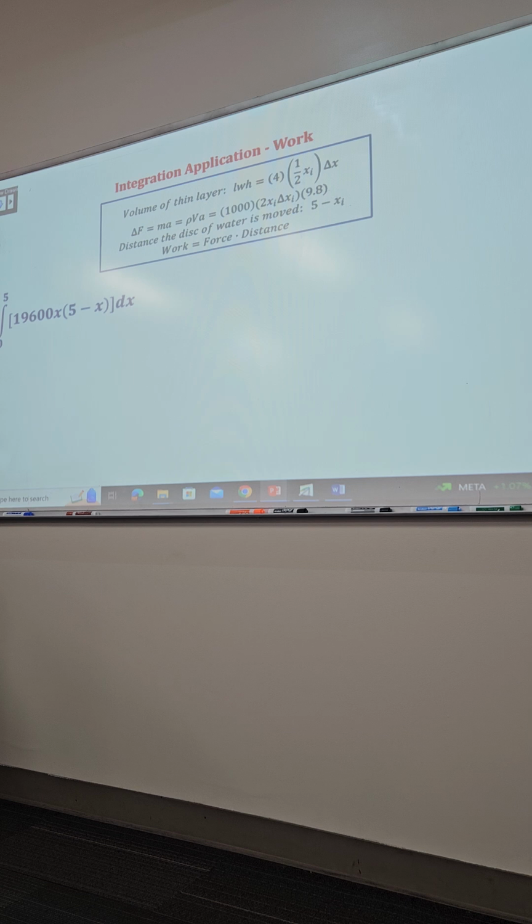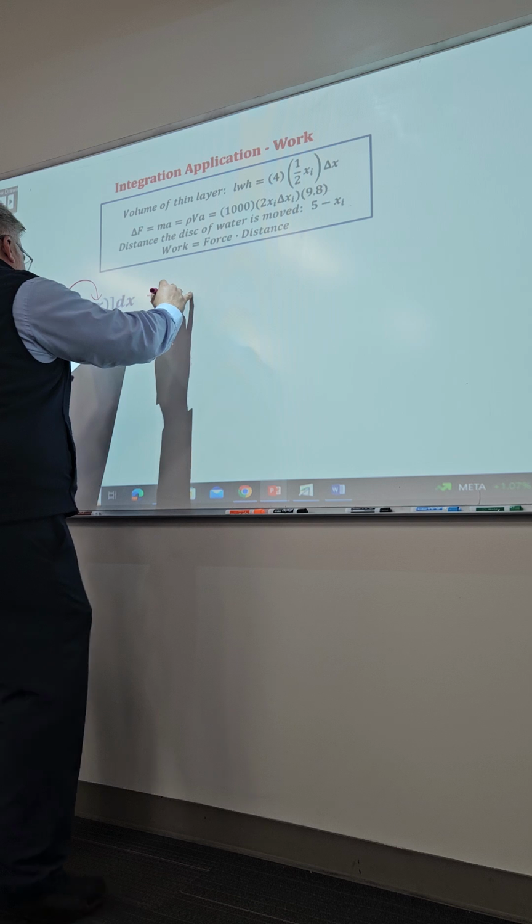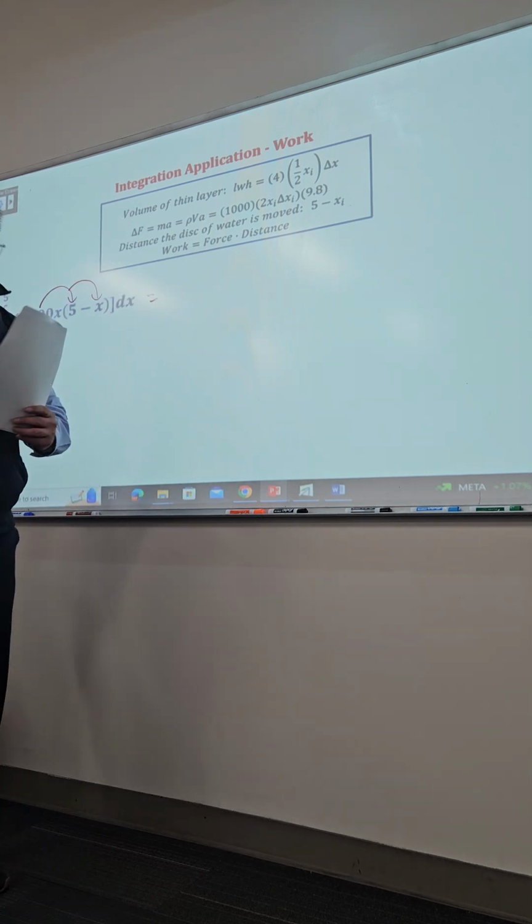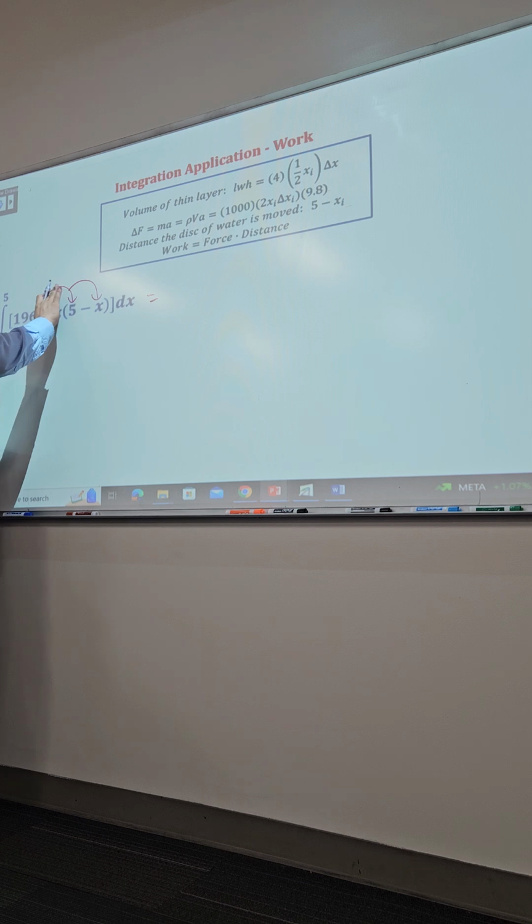And so now we're gonna do our thing, right? Before we do the integral, we can multiply that 19,600 x into the parentheses. Well, no, we're not gonna multiply the entire thing. You learned well.